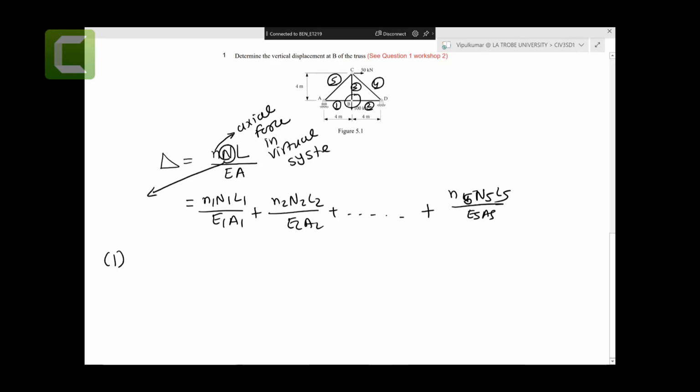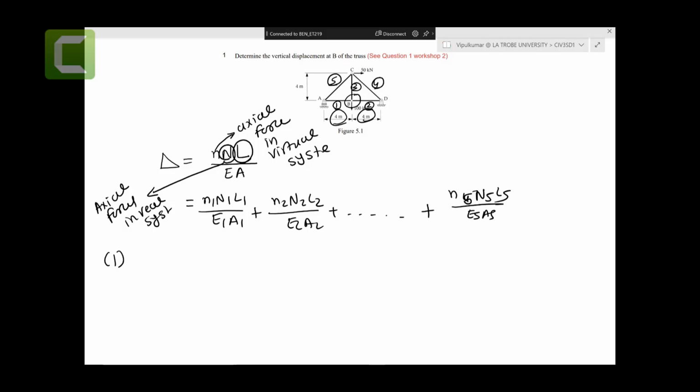This capital N is the internal axial force in the real system, and this L is the length of the members, like 4 meters and 4 meters and so on. And E is the Young's modulus given to you in the assignments. The Young's modulus is known depending on the material, and A is the cross-section area of the members, as you can see as well, right?